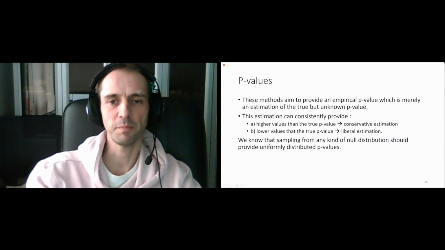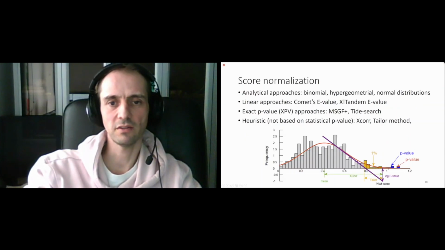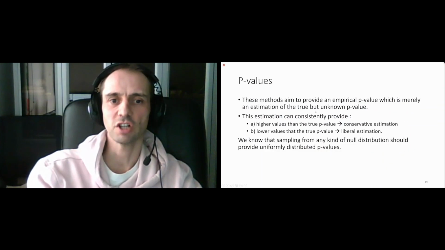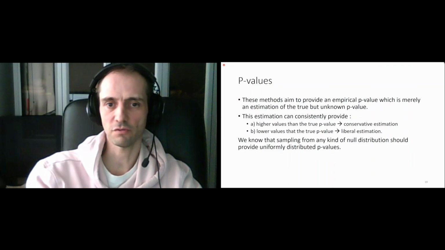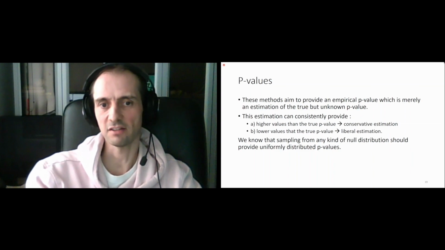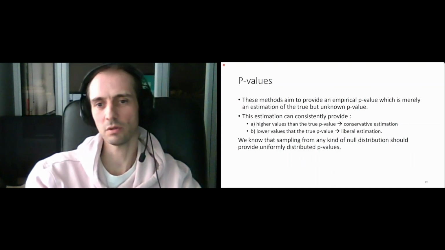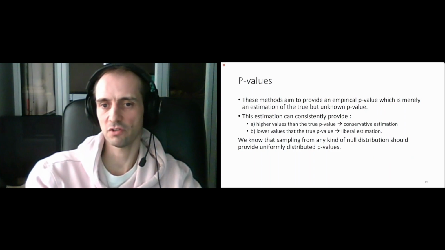Okay, so the p-values, the previous methods, aim to provide an empirical p-value, which, just remember, is an estimation of the true but unknown p-value. The estimation can be such that it consistently provides higher values than the true and unknown p-value, and then your estimation is going to be a conservative estimation.